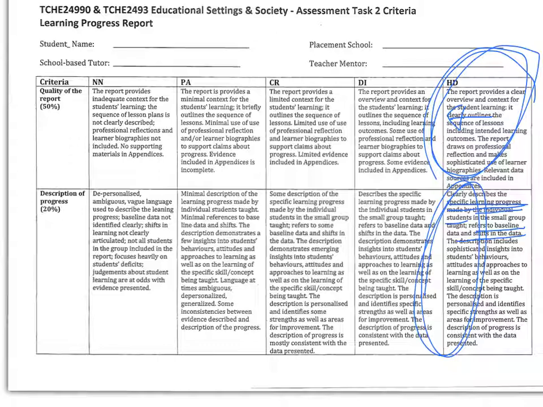And I thought starting to get into sophisticated insights into their behaviours and approaches, identify strengths as well as areas for improvement. So I thought it was quite a strong section in terms of the description of the progress.